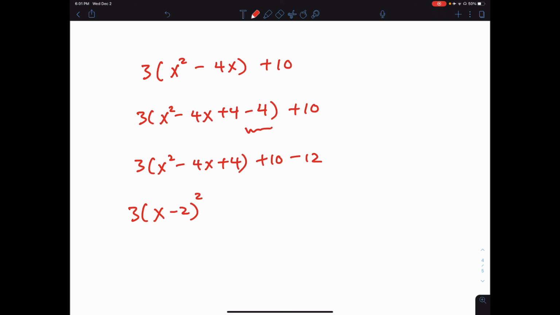The back piece here is just +10 minus 12, giving us -2. So the vertex would be located at (2, -2). Again, a reminder that the p value is the opposite of what you see, and the q value is exactly what you see. I hope this has helped you figure out how to complete the perfect square.